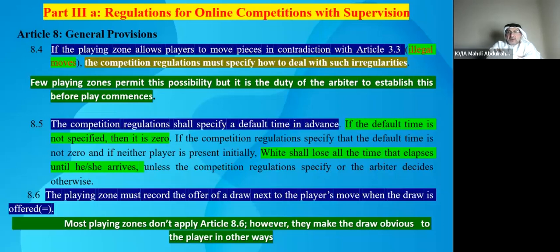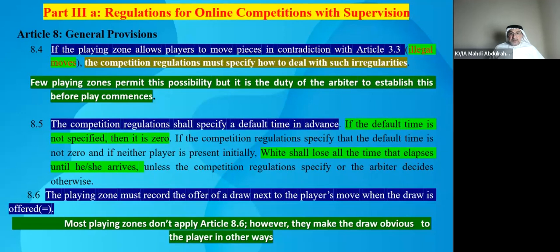White shall lose all the time that elapsed until he arrives. The playing zone must record the offer of a draw next to the played move. So if you find the PGN file, you can find the draw offer. But if you play hybrid chess, where you play with a player from the same country over the board, then in the score sheet you even have to mention the draw.